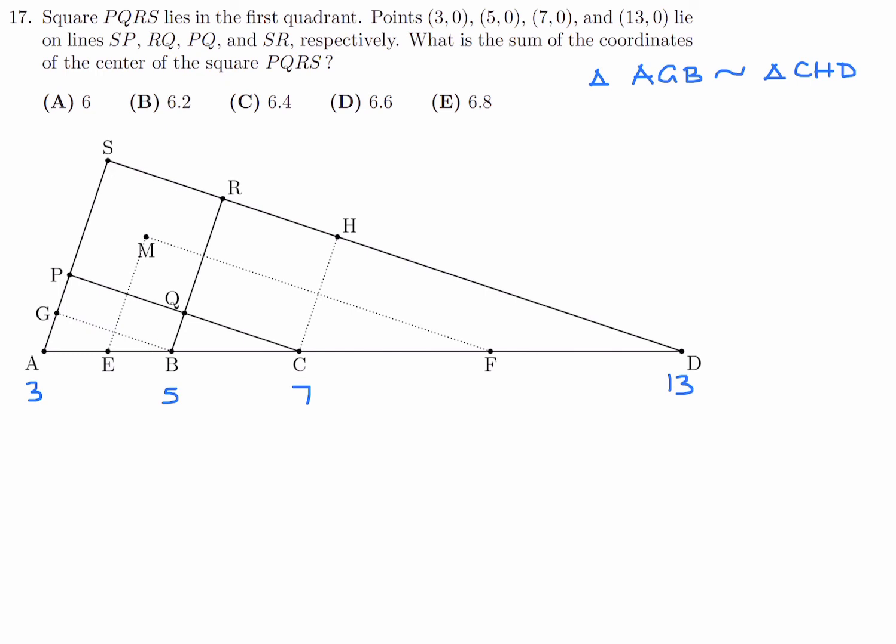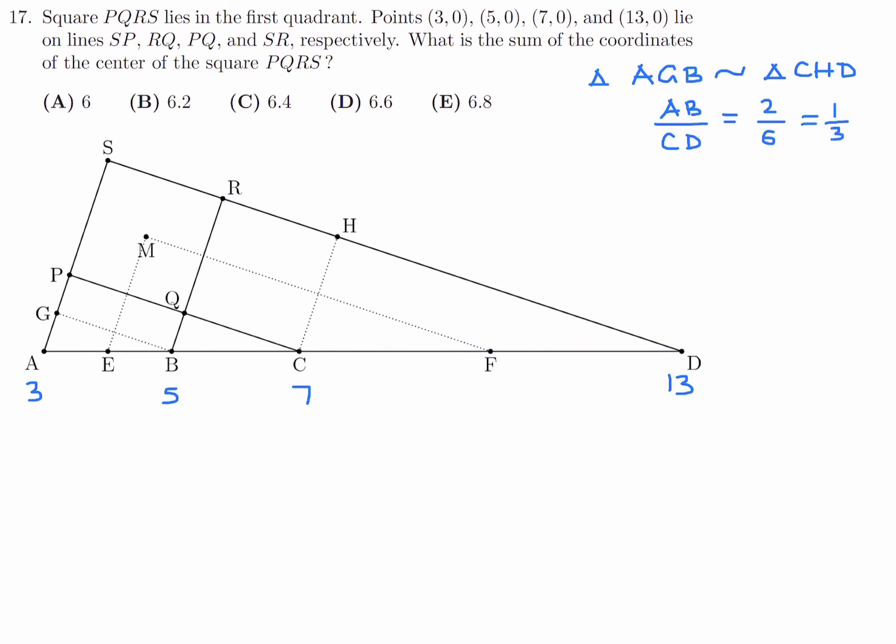So that means the ratio of the sides will be the same. So for example, AB over CD, initially you can just get that without even ratios, just by the distance. It's 3 to 5, so that's 2. And then CD is from 7 to 13, which is 6. So that ratio is 1 over 3. All right?